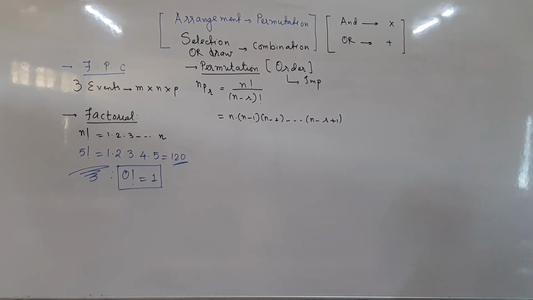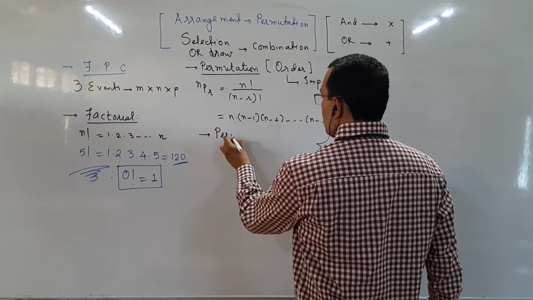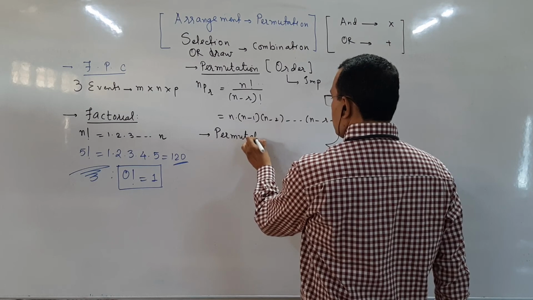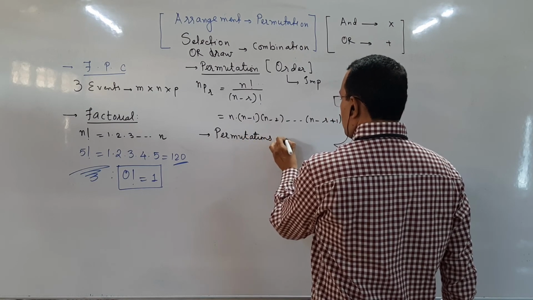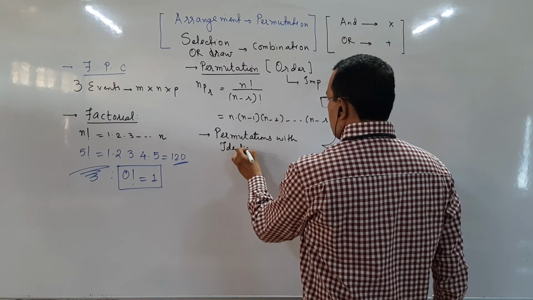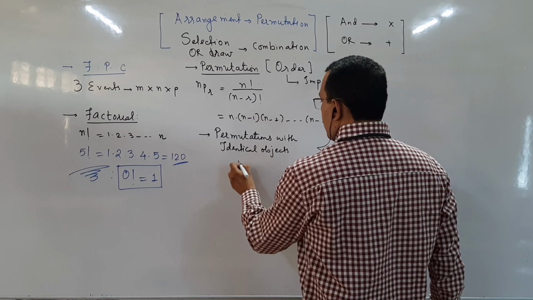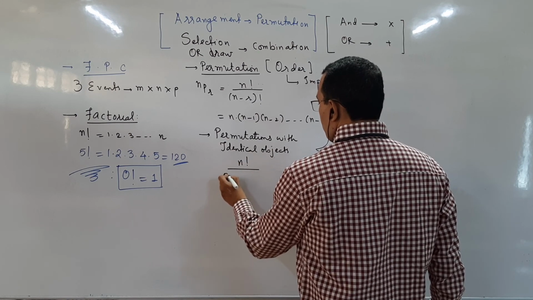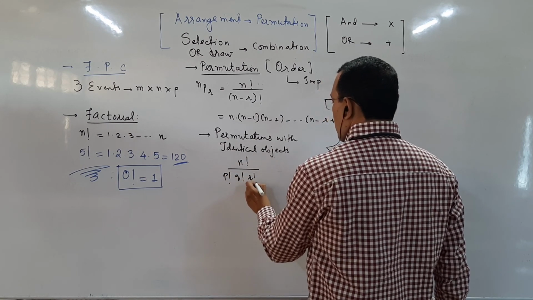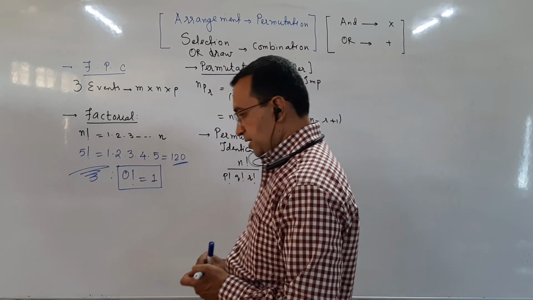Then permutations with identical objects. Given are n items out of which p are of one type, q are of second type, and r are of third type.